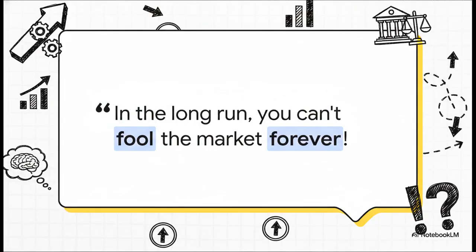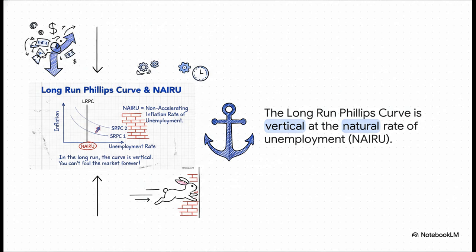But, and this is a big but, that neat little trade-off kind of fell apart in the 1970s. Suddenly, economies were getting hit with stagflation. That's high inflation and high unemployment at the same time. The simple curve said that shouldn't even be possible. Turns out, the whole thing only really works if you can catch people by surprise. And that led to this really critical idea.